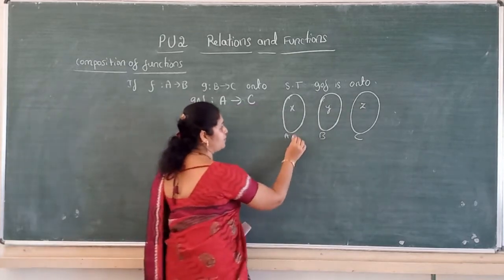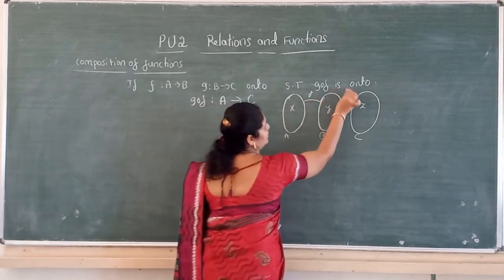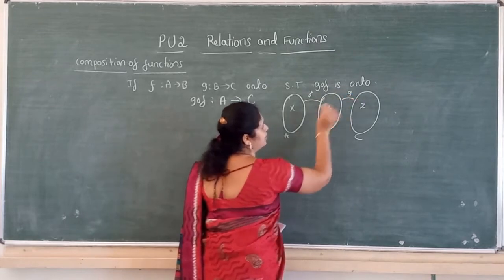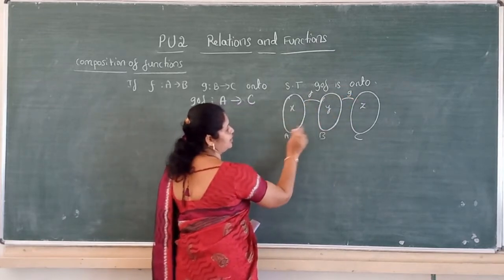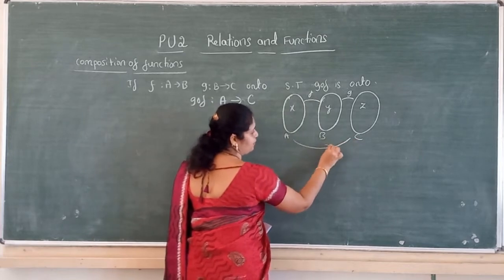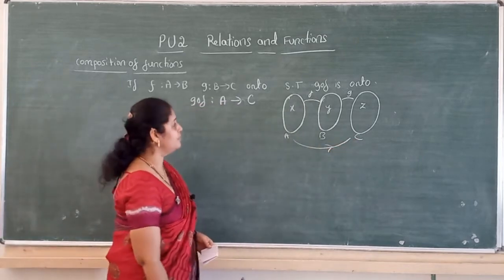Now f is from A to B, g is a function from B to C, and g of f is defined from A to C.